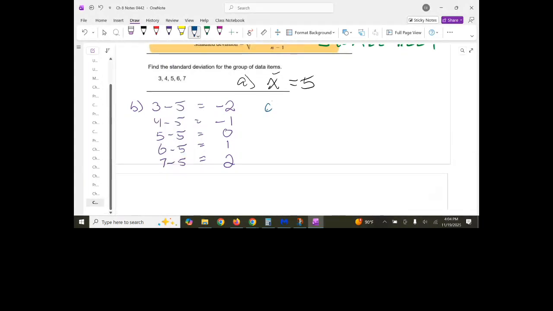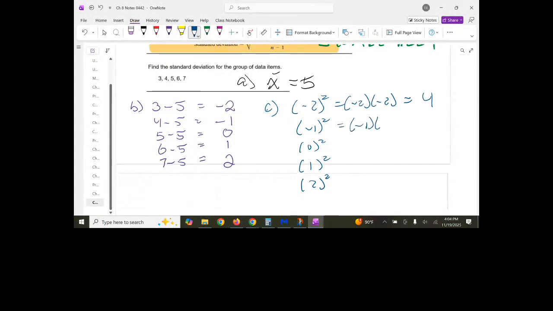Okay, part C. Y'all, we're not going to add those numbers together. What we're going to do is we're going to square each of those numbers. Okay. So, y'all, just as a reminder, negative 2 squared means negative 2 times negative 2, positive 4.